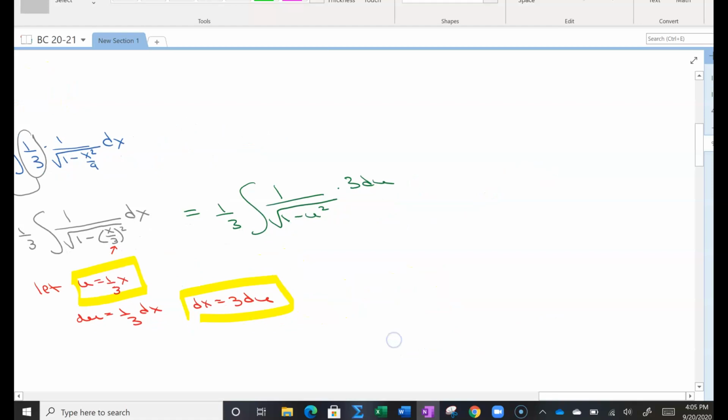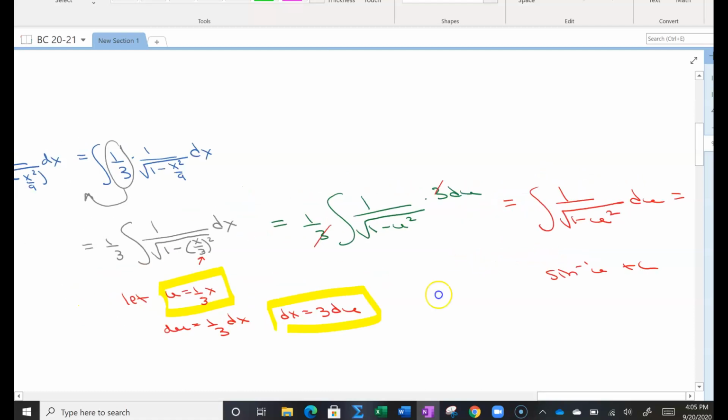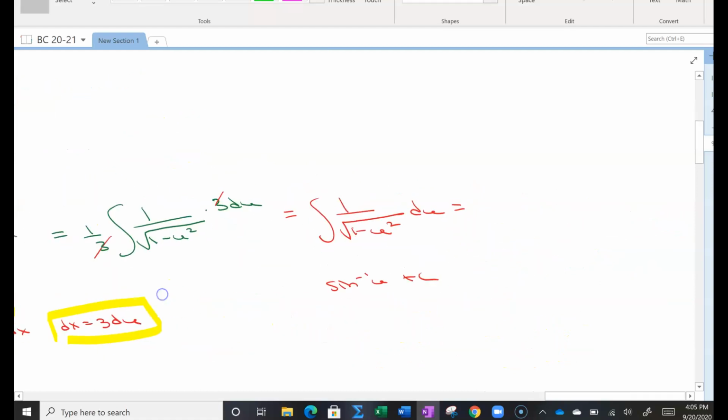The 3's cancel, and I get the indefinite integral of 1 over the root of 1 minus u squared du, and this now gives me inverse sine of u plus c, but u was 1/3 x. So inverse sine of x over 3 plus c.